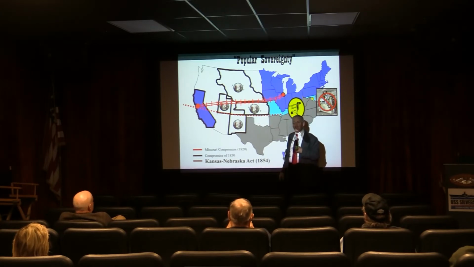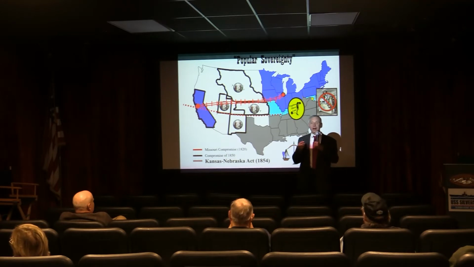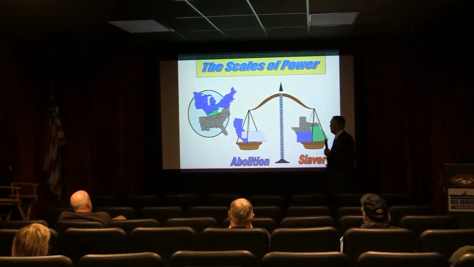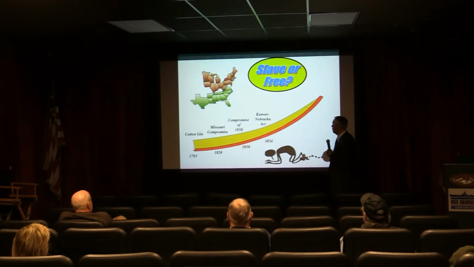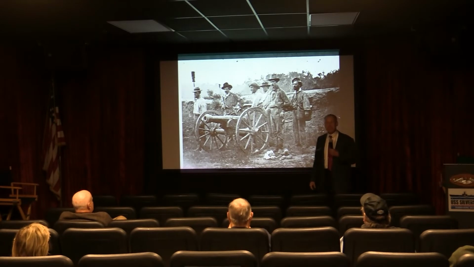So they decided the simple matter is to infiltrate the territories with people who will vote the right way, with compelling arguments. Well, their compelling arguments looked a little like this. That, my friends, is a compelling argument.